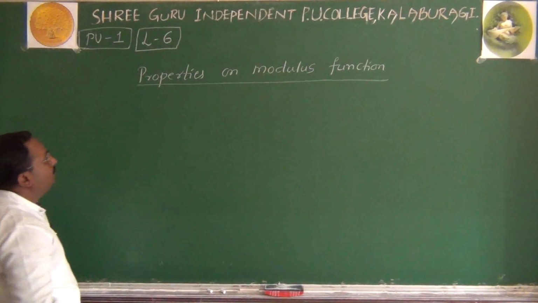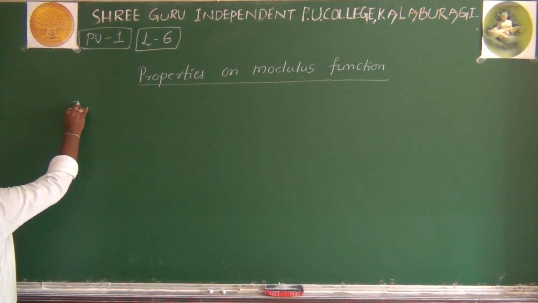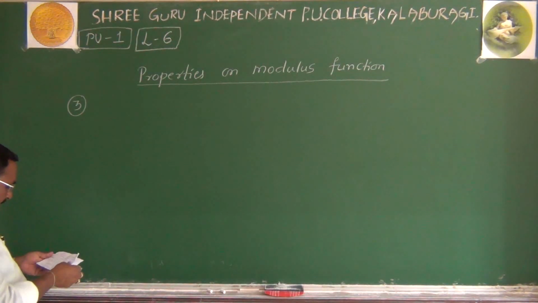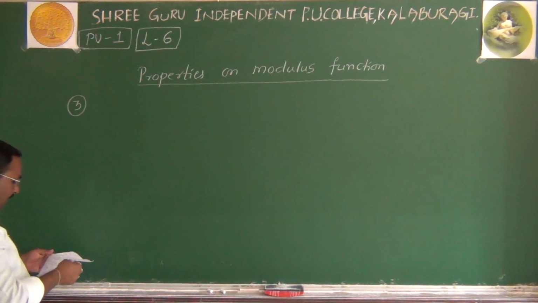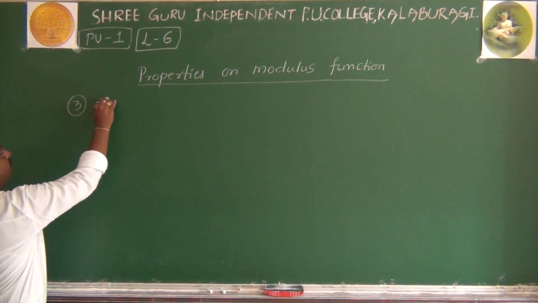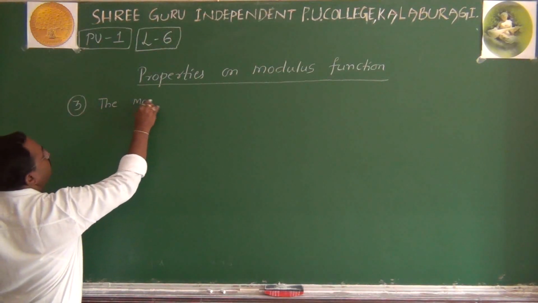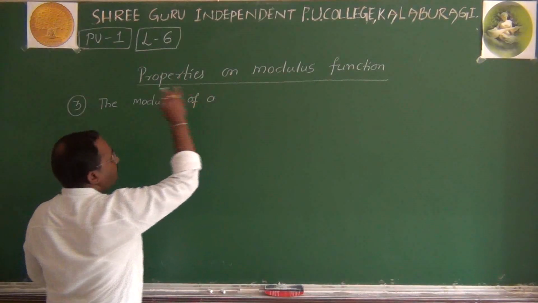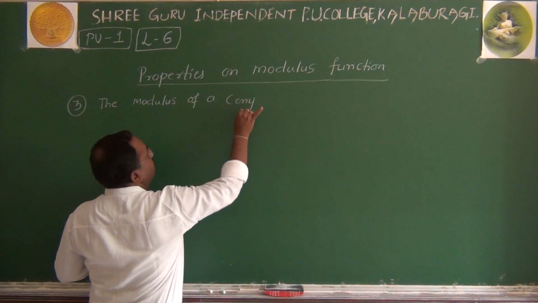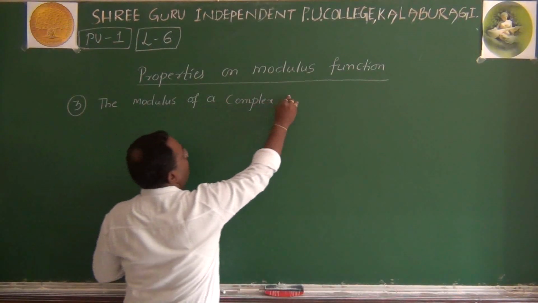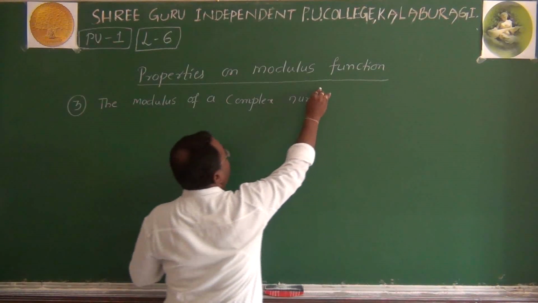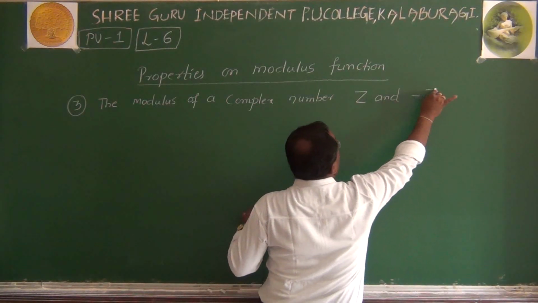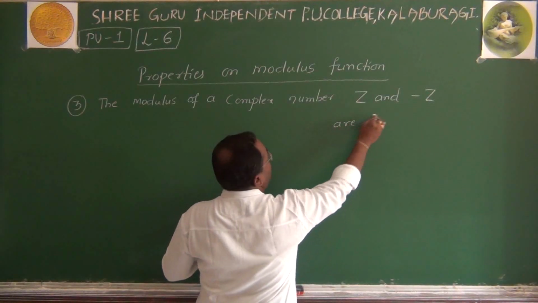Next, property number 3. The modulus of a complex number Z and minus Z are same.